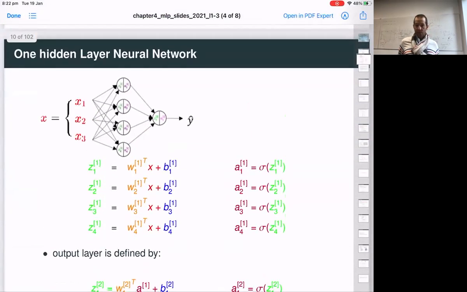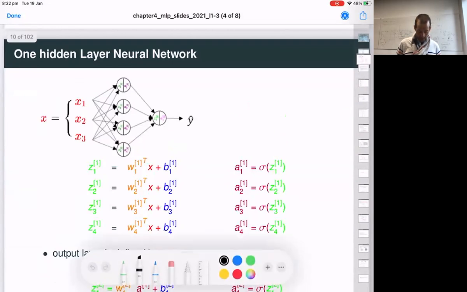So we have done this as the first part. It's called the one hidden layer neural network. And I just put the equation of the hidden layer network, with this notation. You have Z1, Z2, Z3, Z4 from the first part, and this notation indicates the first hidden layer.